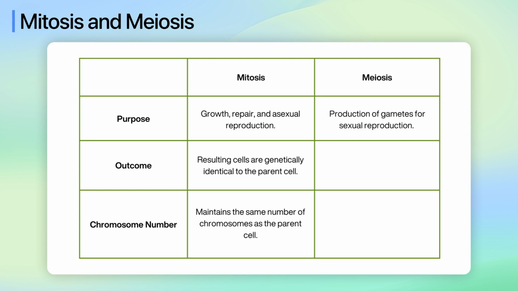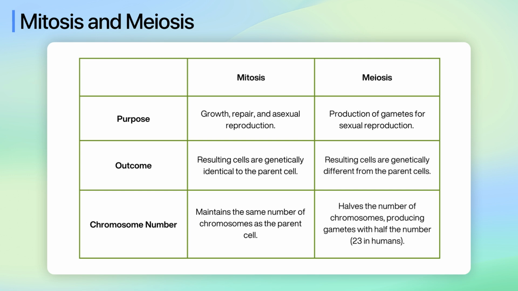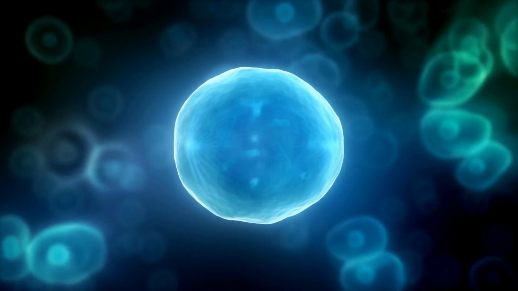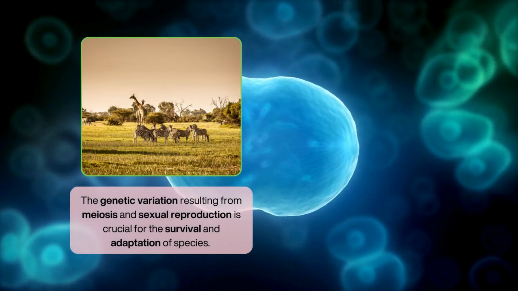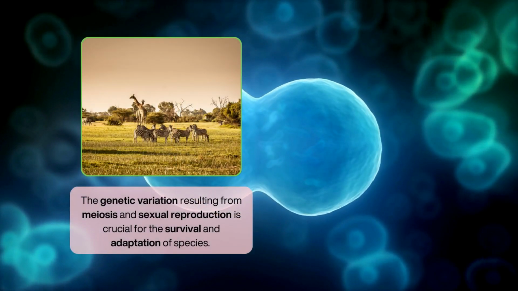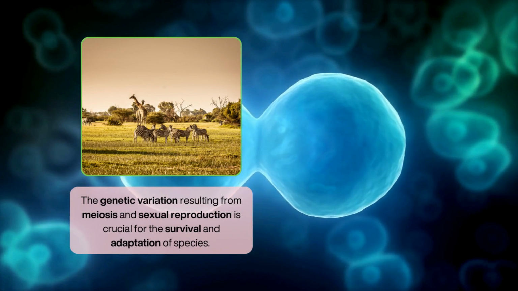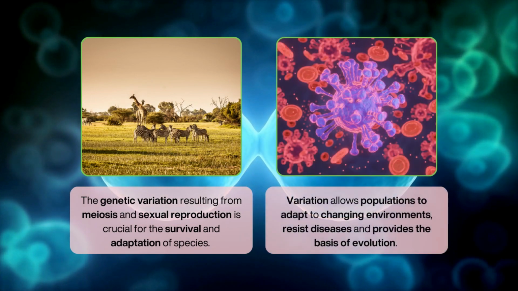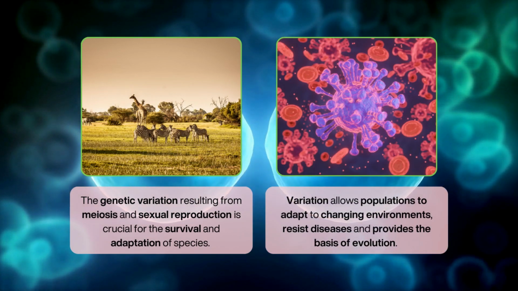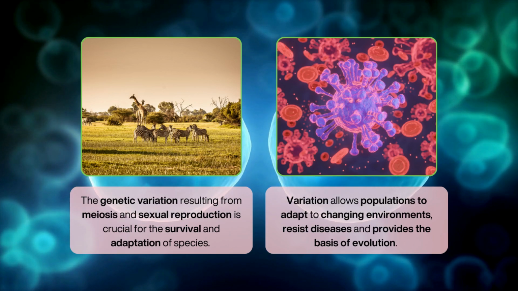This results in cells that are genetically different from the parent cells and halves the number of chromosomes, producing gametes with half the number. The genetic variation resulting from meiosis and sexual reproduction is crucial for the survival and adaptation of species. Variation allows populations to adapt to changing environments, resist diseases, and provides the basis of evolution.